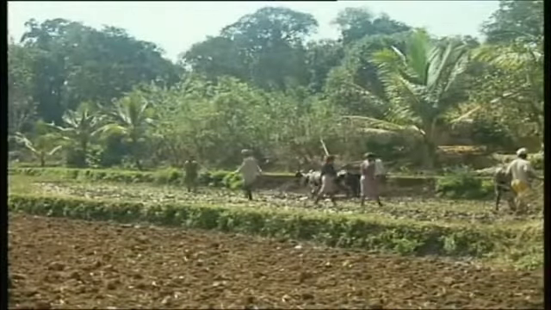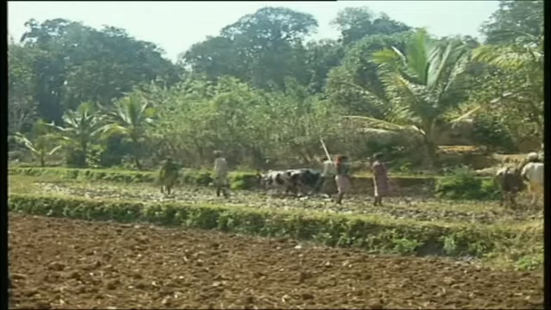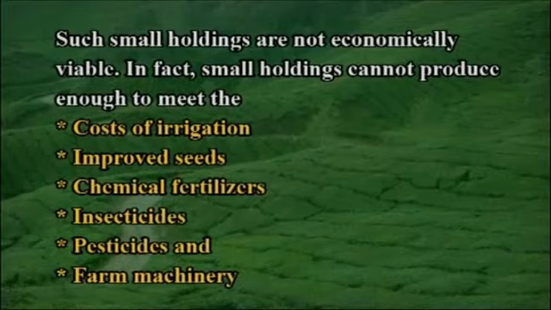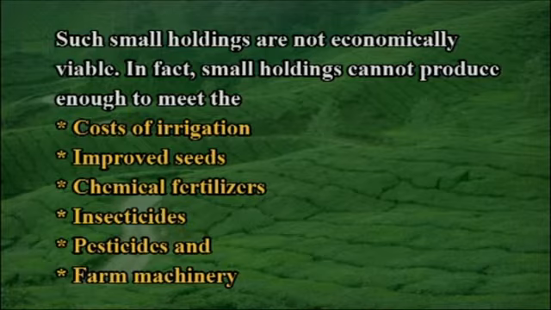Over 75% of the land holdings are less than 1 hectare. Such small holdings are not economically viable. In fact, small holdings cannot produce enough to meet the costs of irrigation, improved seeds, chemical fertilizers, insecticides, pesticides and farm machinery.